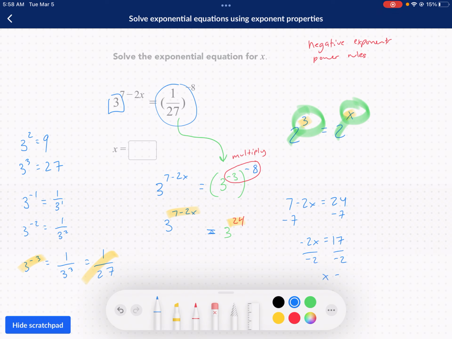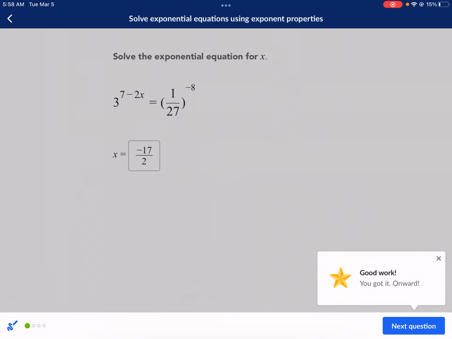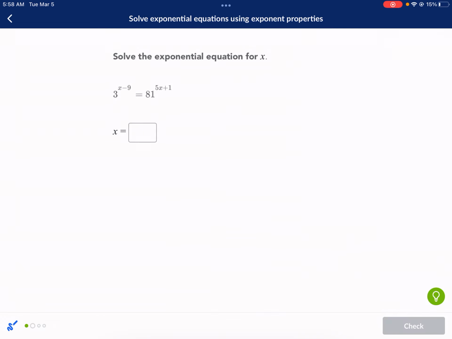And so my answer is going to be x equals 17 over negative 2. And that's what value of x will make that true for this exponential equation. So I need to type in 17 over negative 2 or just negative 17 over 2, which I prefer to do. Negative 17 over 2. I like to put the negative in the top. And there we go. Done with the first one.